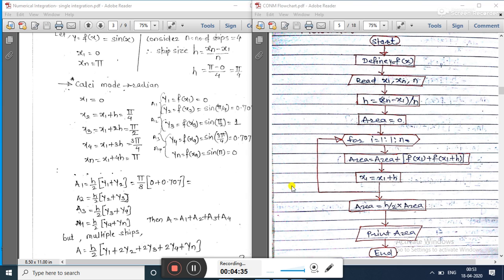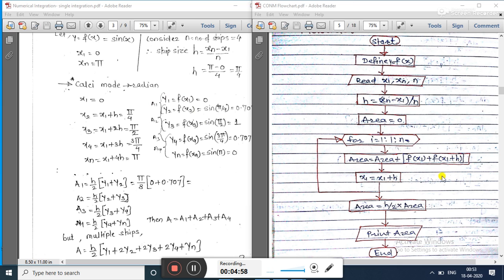0 plus, I will use only a bracket, and h by 2 is commonly taken out and multiplied to whatever area is calculated in the bracket. So f of x1 plus f of x1 plus h. f of x1 is nothing but y1 and f of x1 plus h is nothing but y2.